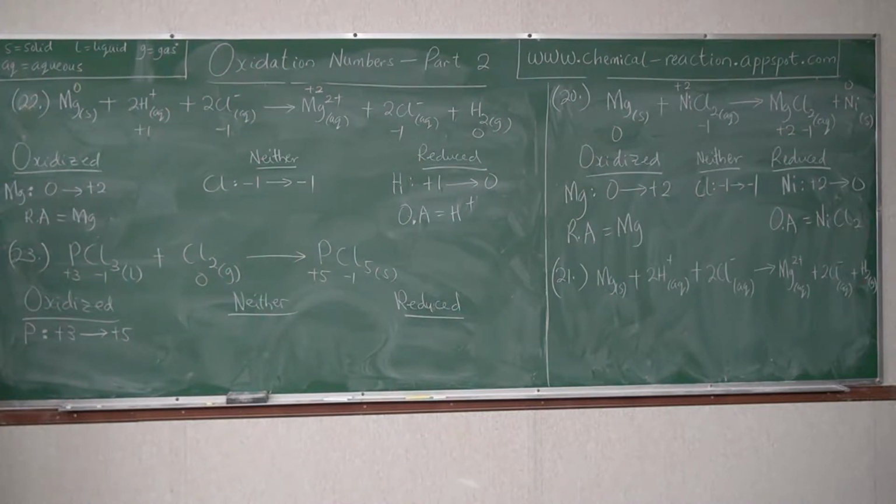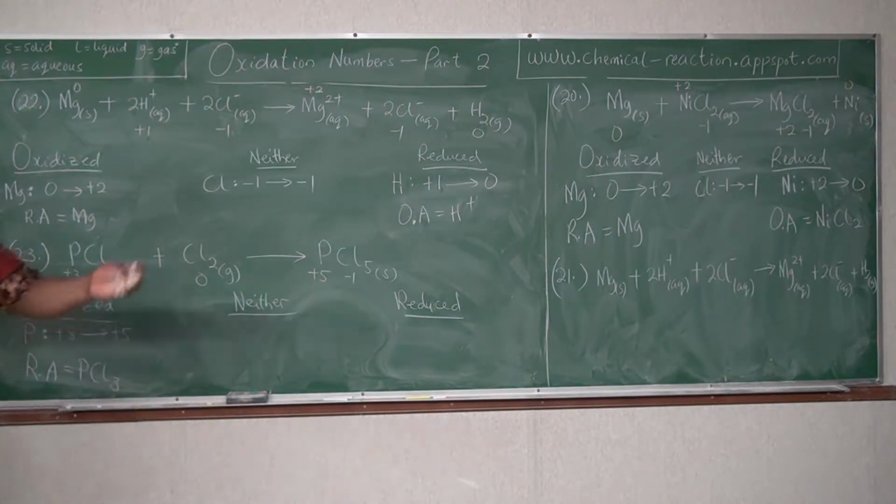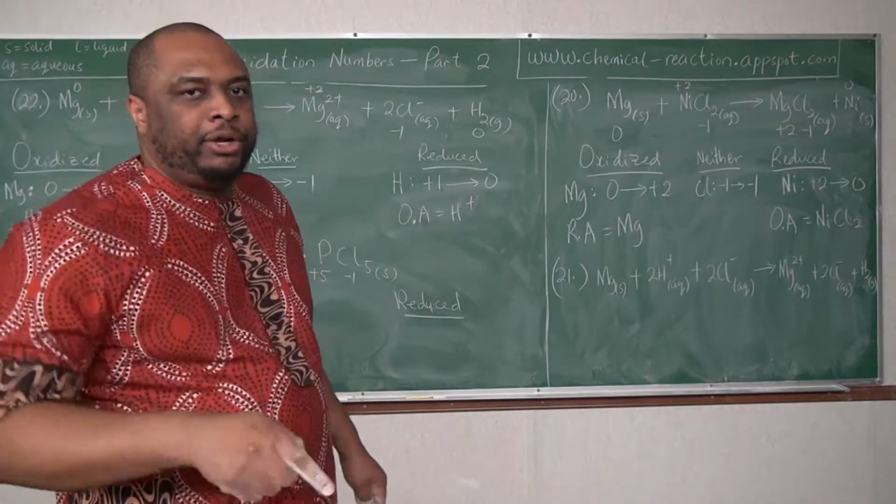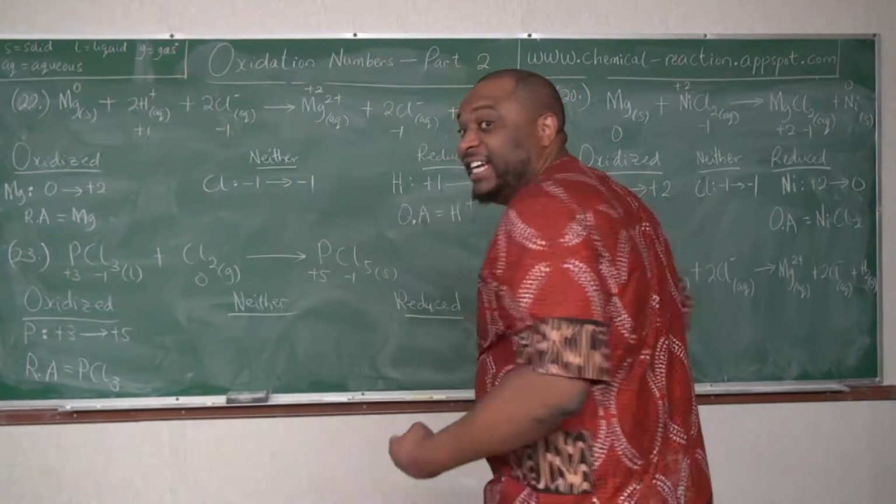And what is the reducing agent? The reducing agent is phosphorus 3 chloride. The reducing agent is always oxidized. Because when you come in contact with it, it will reduce you, therefore becoming oxidized. It's an agent.